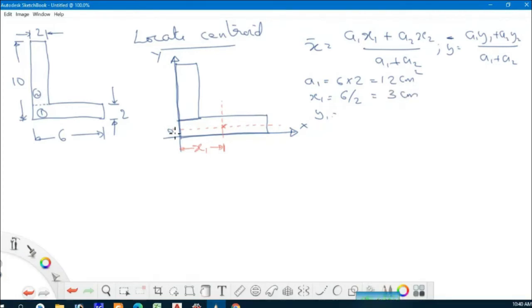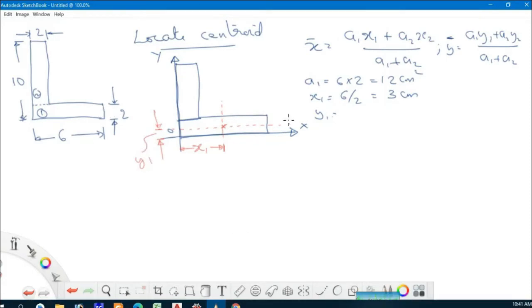Okay, and what will be y1? This one will be y1. That is the distance from the reference horizontal x-axis to the centroid of this rectangle. So this is y1. And what will be y1?